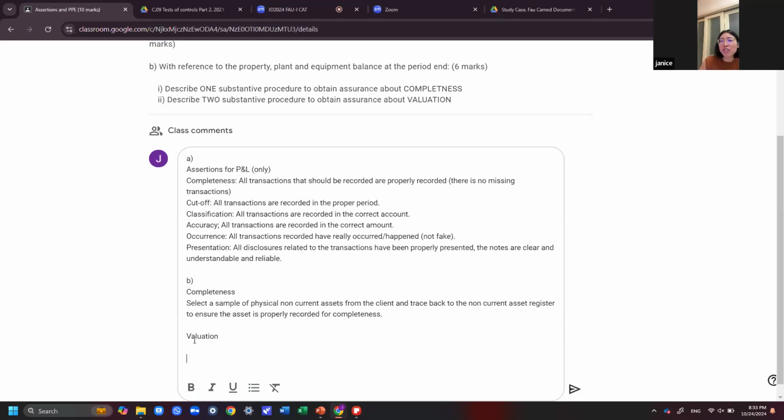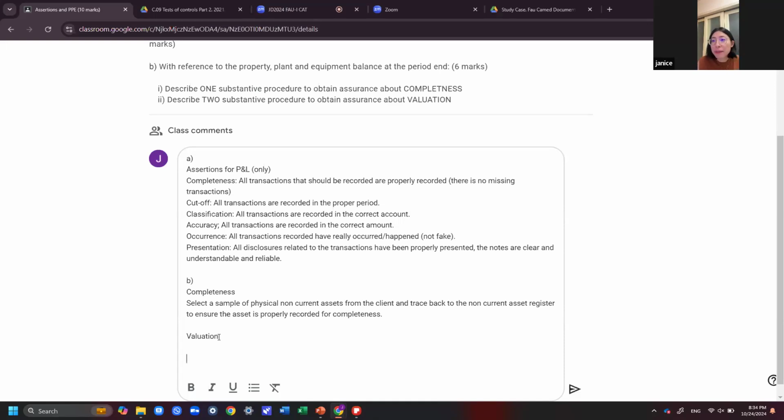And now for valuation. Can you guys try with me? Can you give me a procedure for valuation here? What should we do as substantive procedure for valuation?